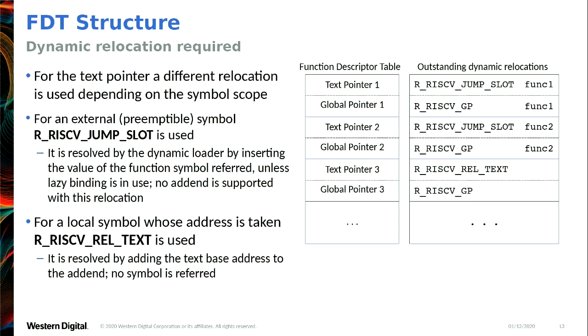I'm running short of time, so I'll try to do this quickly. Depending on the symbol scope, we have different dynamic relocations attached, so that it determines whether a symbol has to be resolved for the relocation to be satisfied, or whether there's just a fixed offset added where a symbol is local and its address is taken.